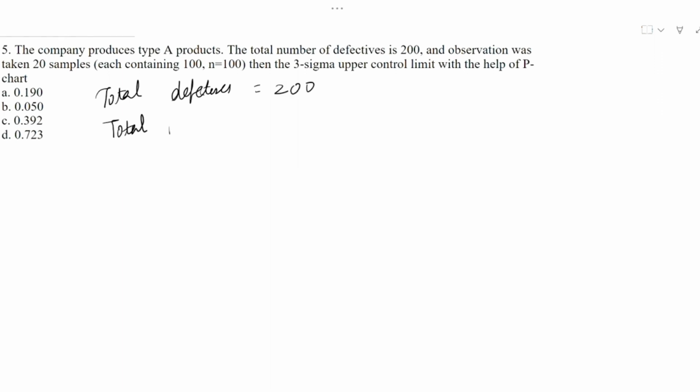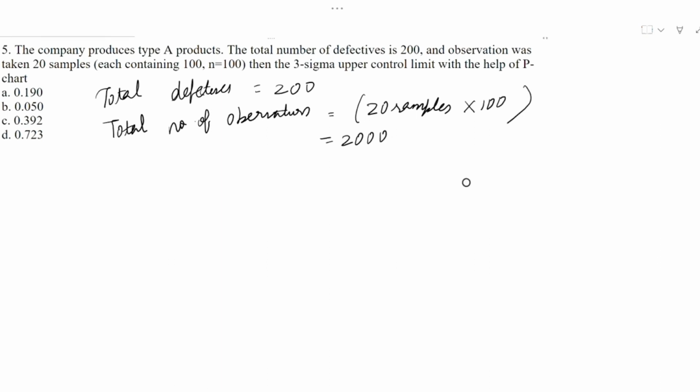Total number of observations is 20 samples into 100, equal to 2000 observations. Now we have the 3 sigma chart.